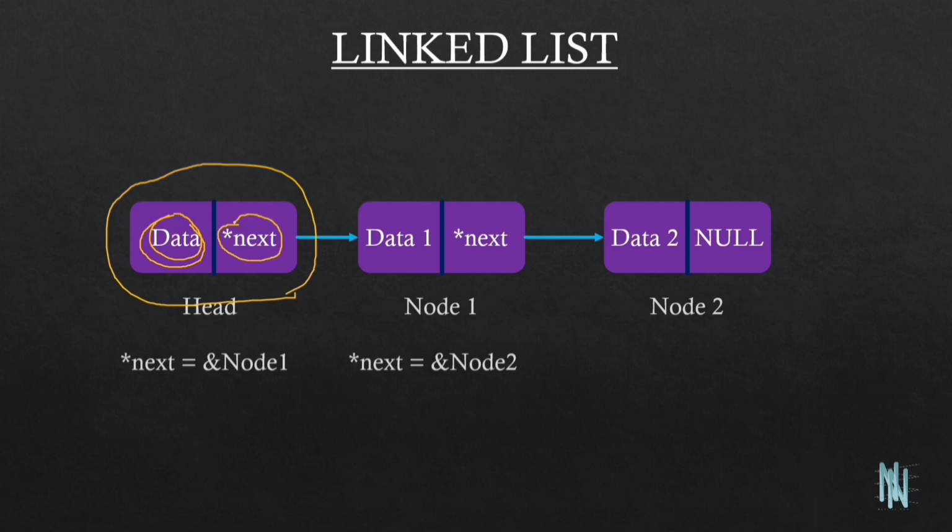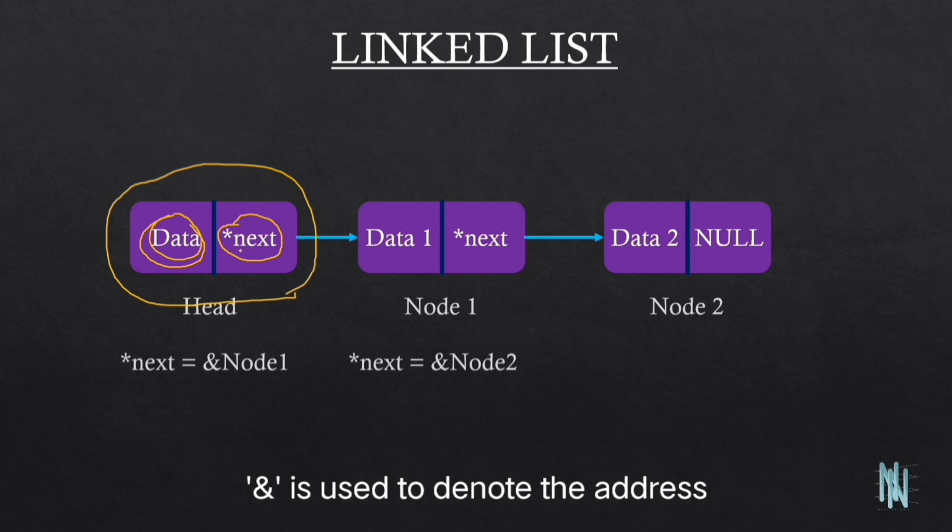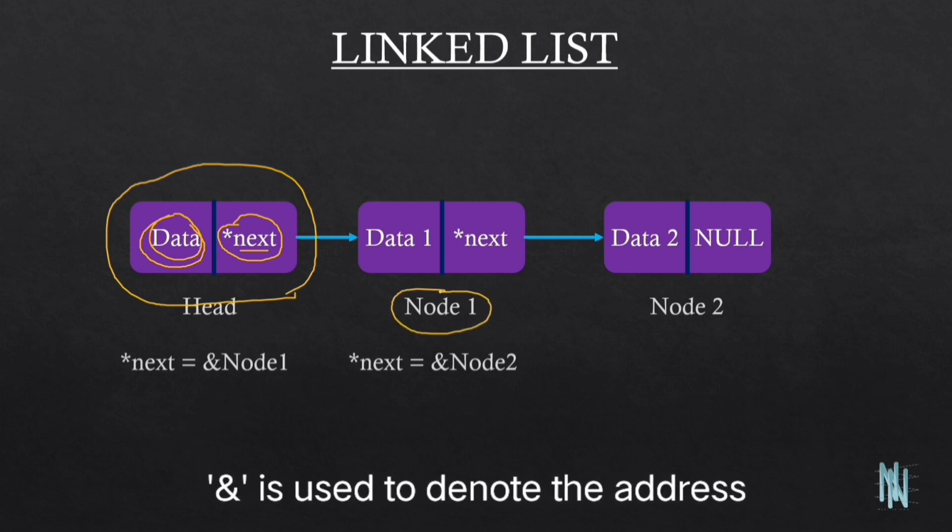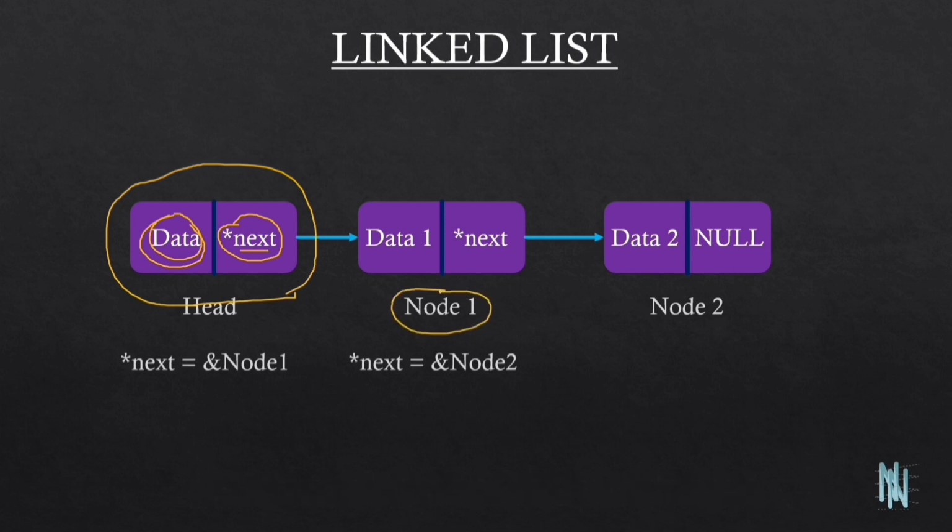I named it next, but you can name it anything. This is the pointer which contains the address of the next node, so this pointer will contain the address of this node, so that when we try to iterate, it will help us point to this node.